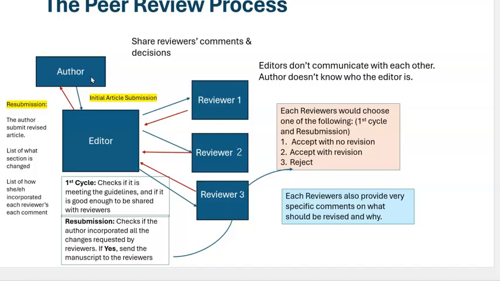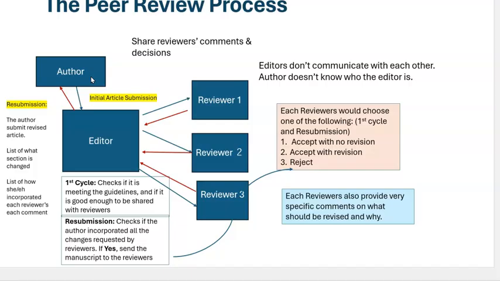Reviewers usually do not communicate with each other or directly with the author. The author is allowed to communicate with the editor if there are specific questions about reviewers' comments or the journal's guidelines.